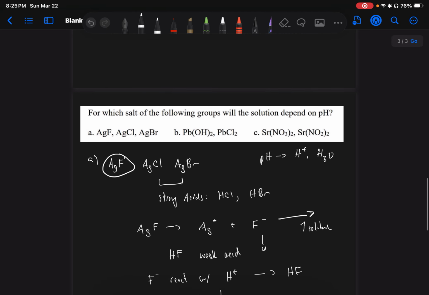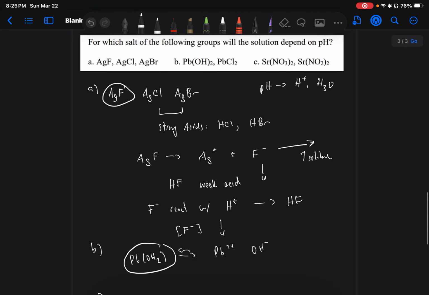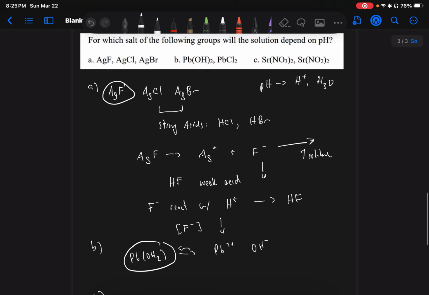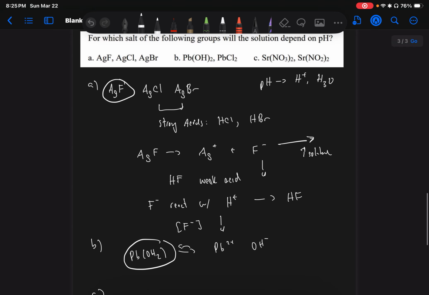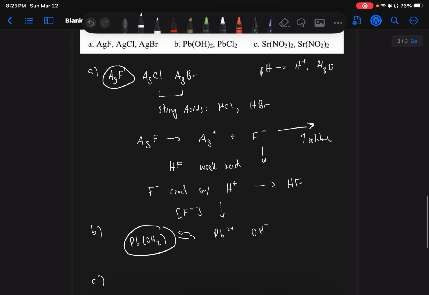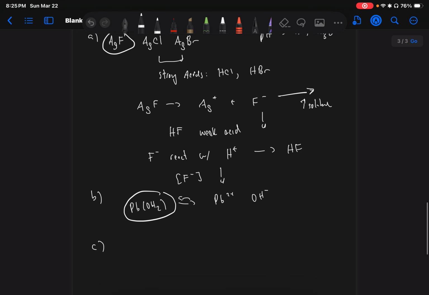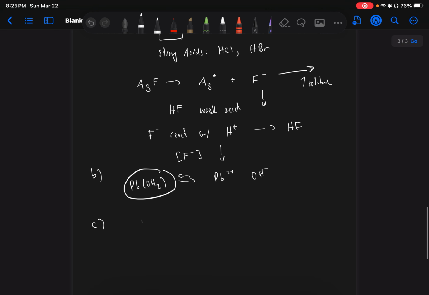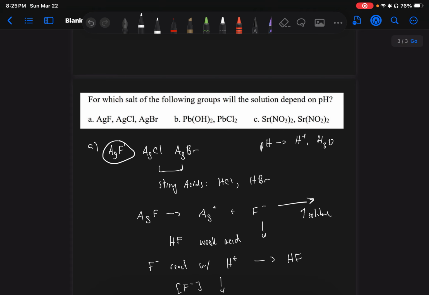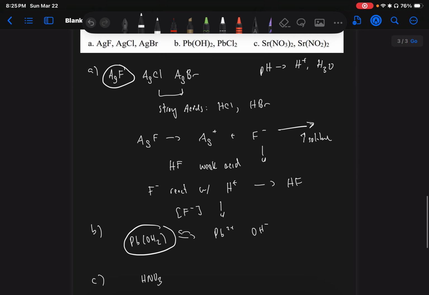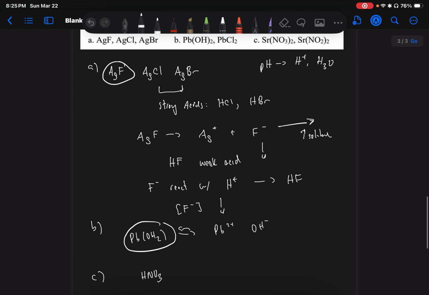And PbCl2, okay, Sr(NO3)2 or Sr(NO2)2. Okay, wait, what's the strong acid out of those two? HNO3, right? That just sounds right. Okay, so because HNO3 is strong, I'm assuming that'll just be Sr(NO2)2.